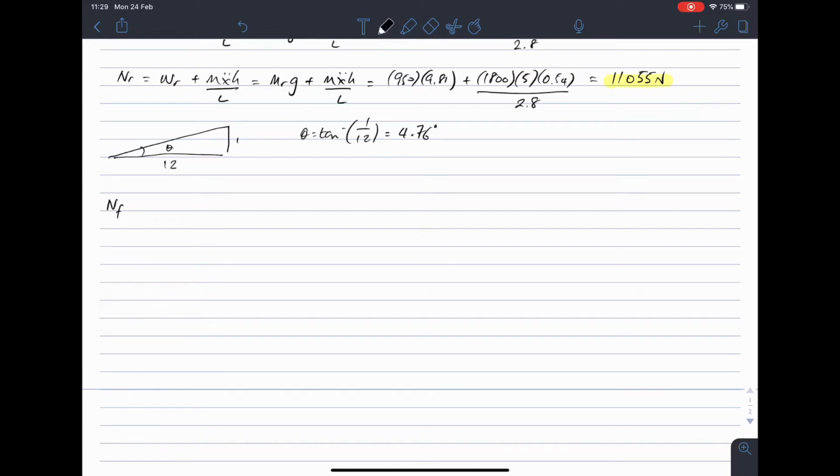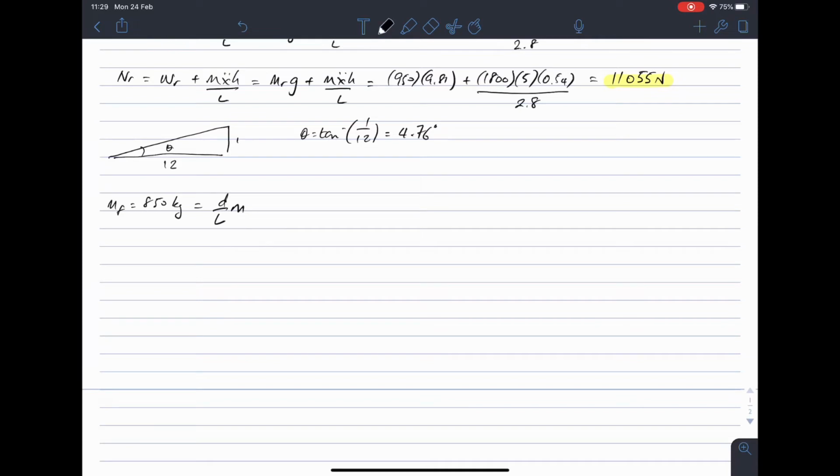we need to work out C and D. So let's do that. We know what MF is. That's 850 kilograms, and we know that is D upon L times by the full mass.